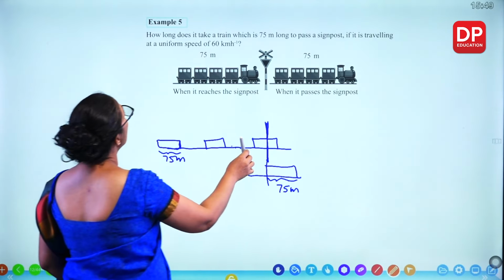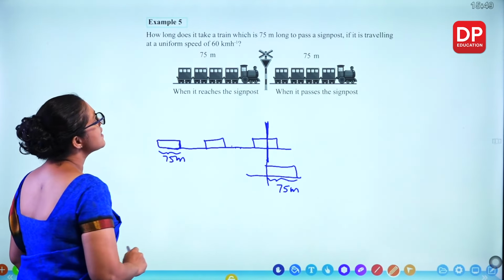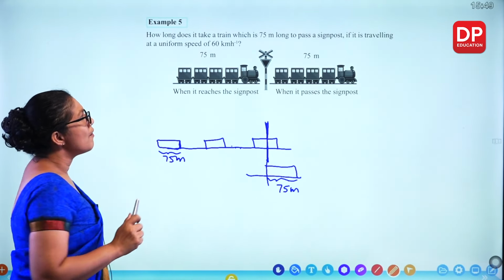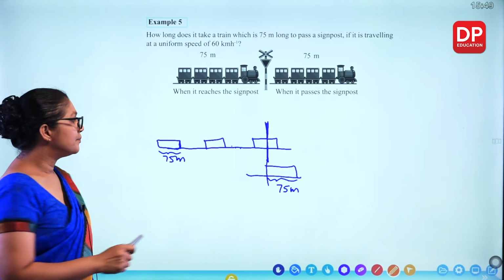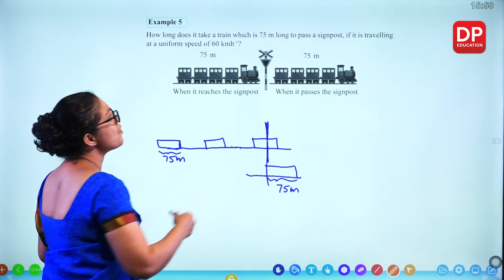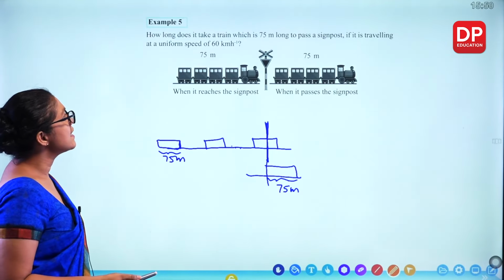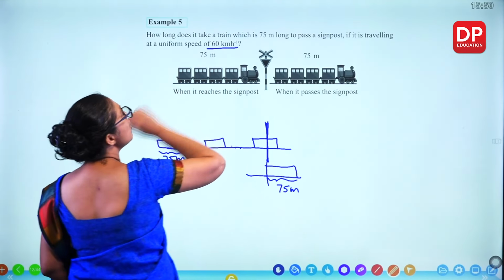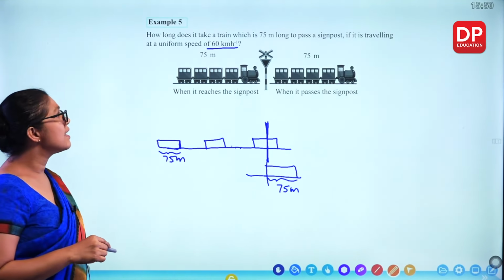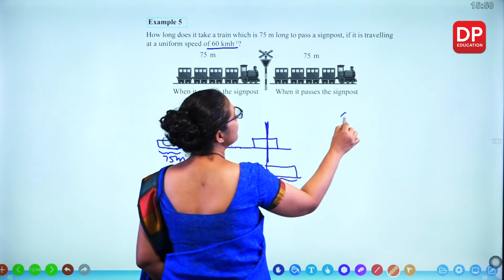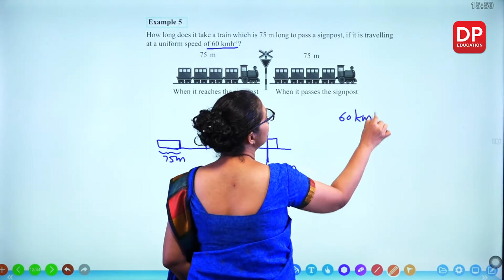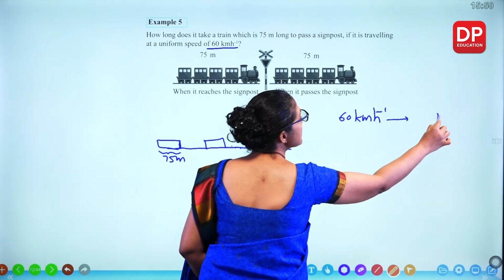So what's the uniform speed? 60 kilometers per hour. The length of the train is in meters, and this is in kilometers. So you have to first convert 60 kilometers per hour to meters per second.